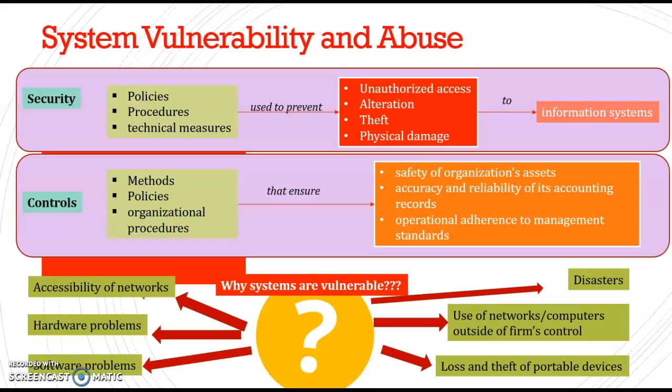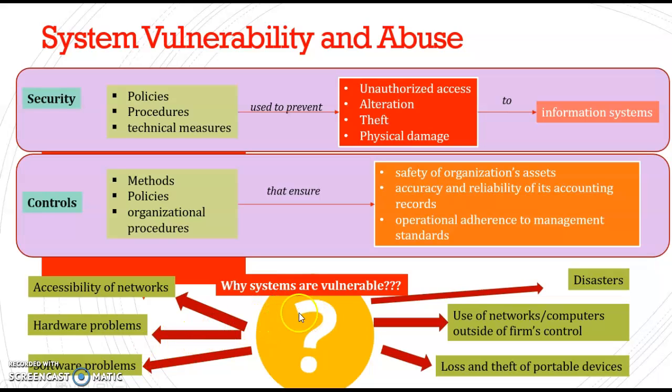We have to follow the company policy, the government policy, and the procedure to ensure the safety of the organization's assets, the accuracy and reliability of its accounting records, and operational adherence to management standards. Everything must follow the SOP of that particular company.